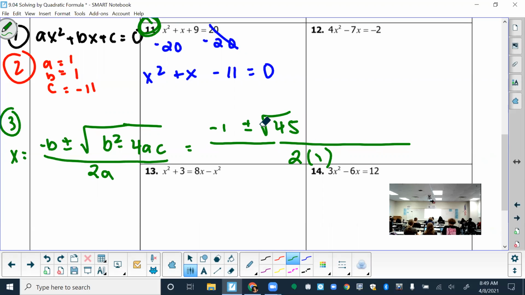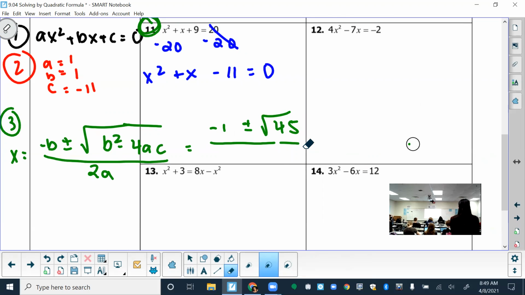And then simplify the bottom. 2 times 1 is 2. So far, this is what we have.